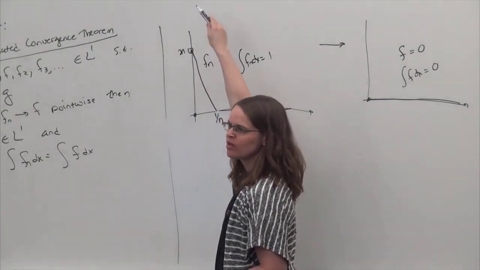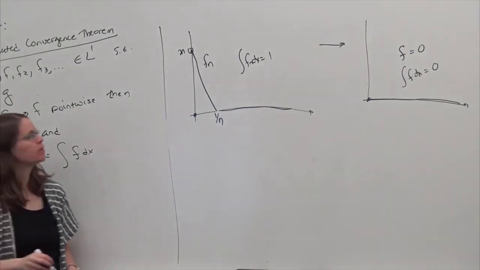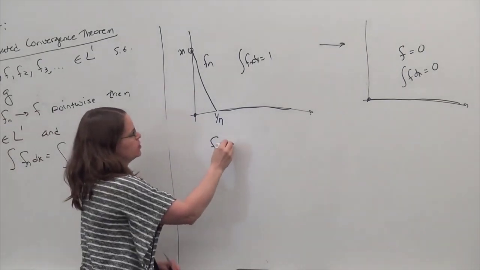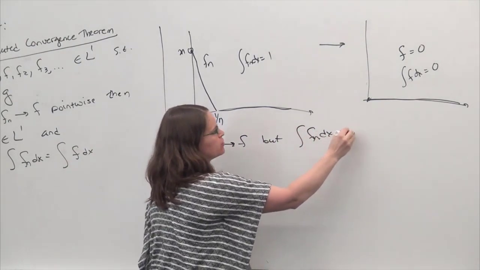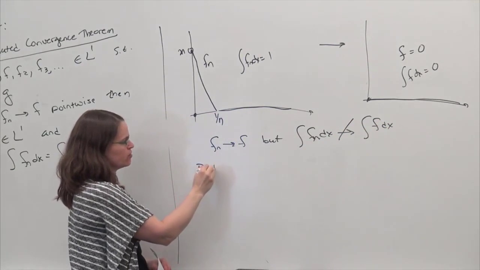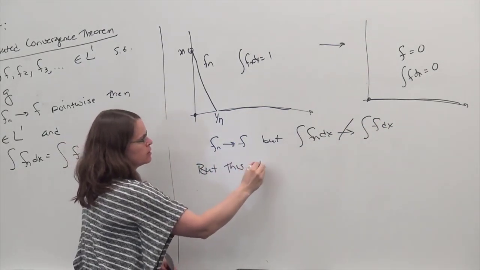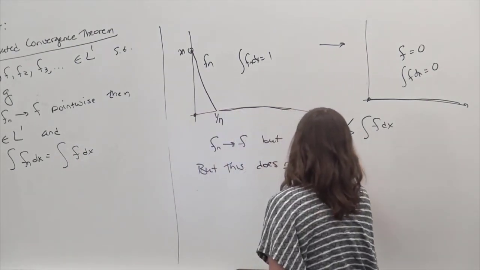I need something that always stays above these. So here, fn converges to f, but the integrals don't converge. But this, of course, does not satisfy the hypotheses.